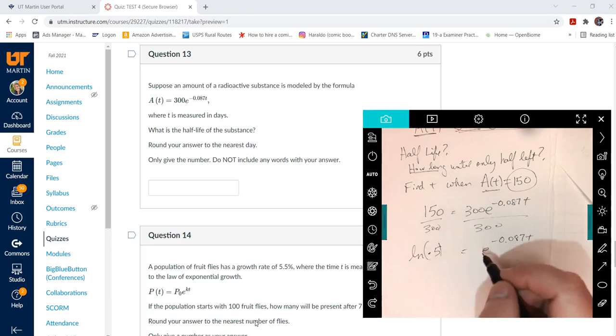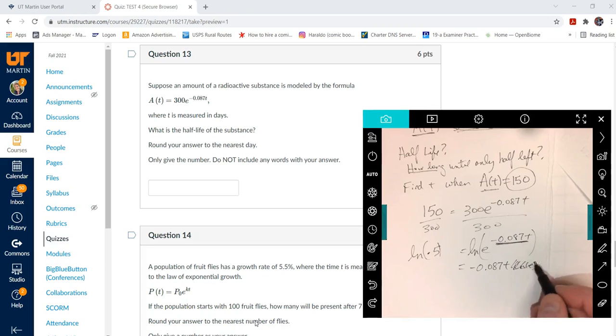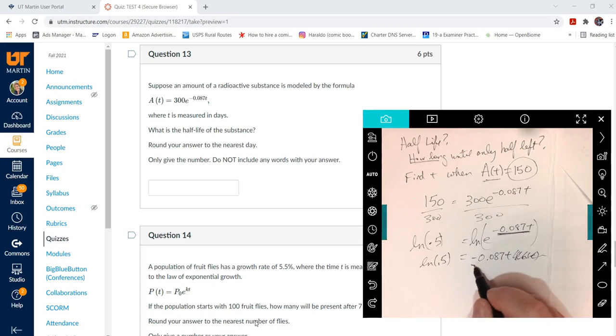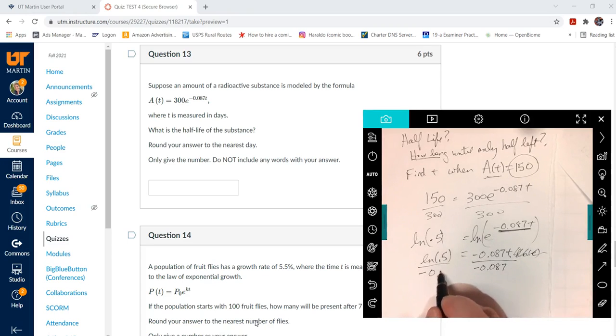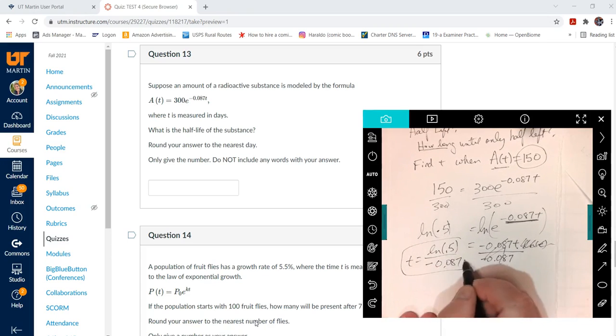I'm going to take natural logarithms of both sides. Rule 3 of logarithms says this will come out the front, times ln of e, which is just the number 1. And I want to get t in days, so I'm going to divide both sides by that. So that's exactly how many days it will take.